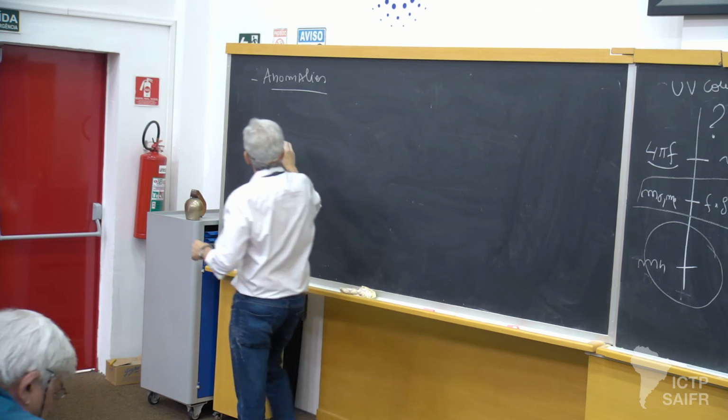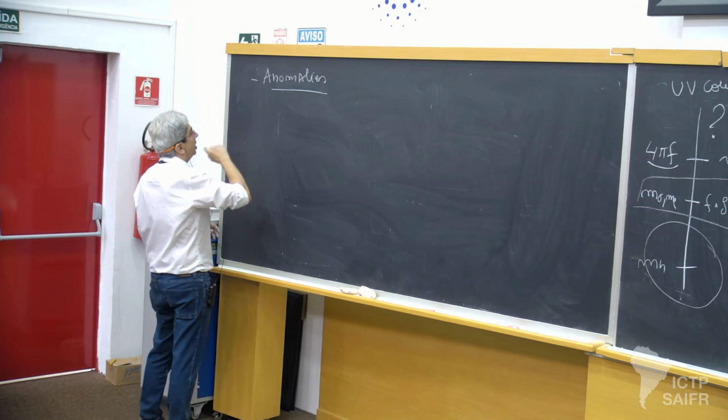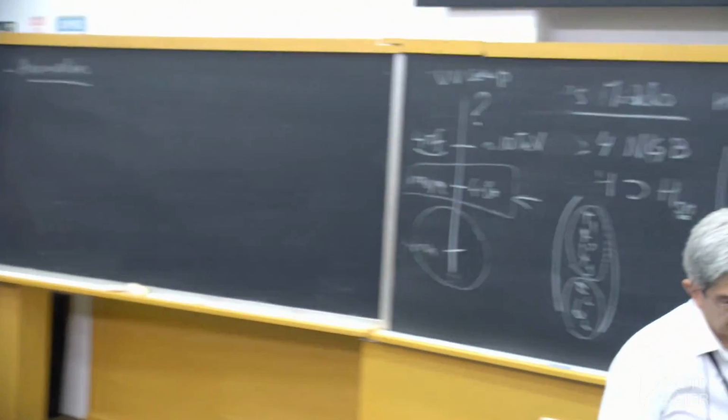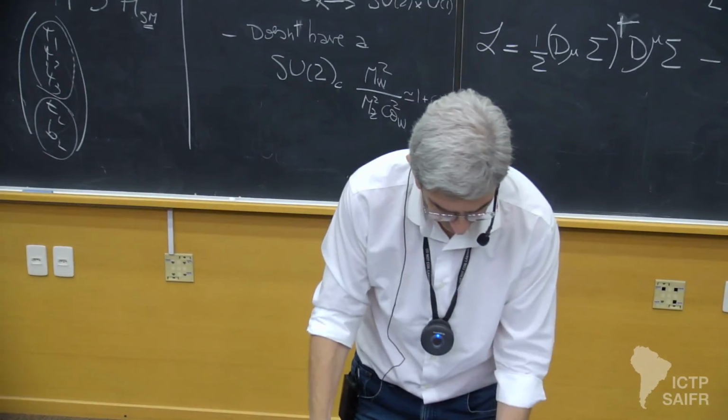But the anomalies I'm worried about are anomalies of symmetries, and I'm just going to give an example.